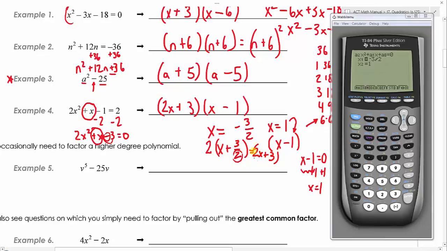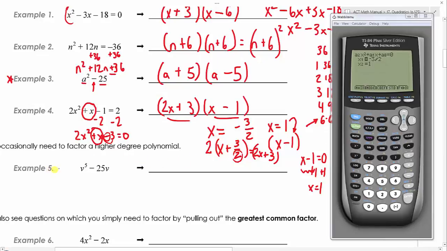And that is the other factor, 2x plus 3 and x minus 1. Again, if you are a little bit shaky on this stuff, you're going to need to practice. You're going to need to work with your tutor to make sure that you are solid, and whether that means doing it the school way or doing it with the calculator app or a calculator program, you're going to need to get good at this.